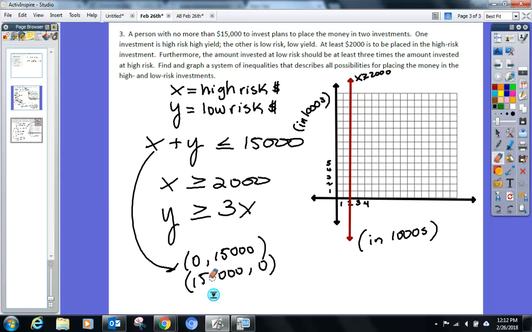Go ahead, graph those 2 points on your x and y axes. So you got 15 and 15 on both axes there, which I believe should take you all the way across.